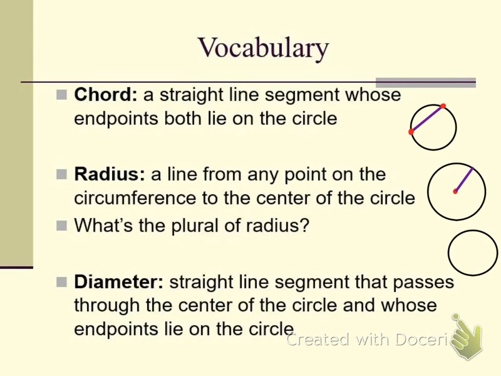Again, it could be at some sort of angle, it could be straight through the middle, but it's only going to go from the very center of the circle to the edge of it. As Keon said a little bit earlier, the plural of radius is radii.